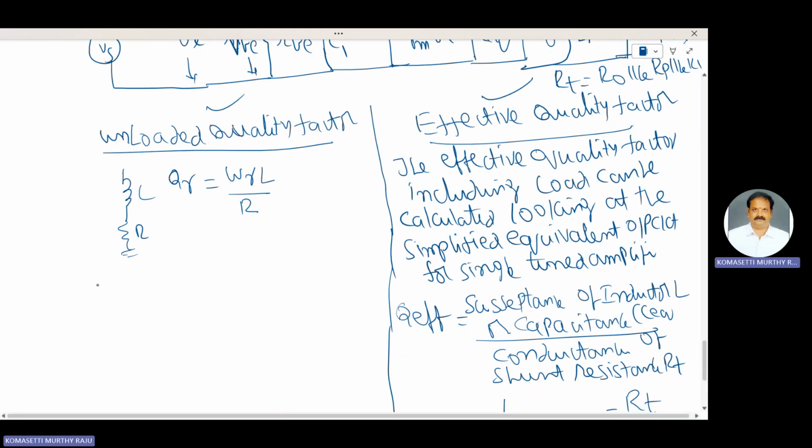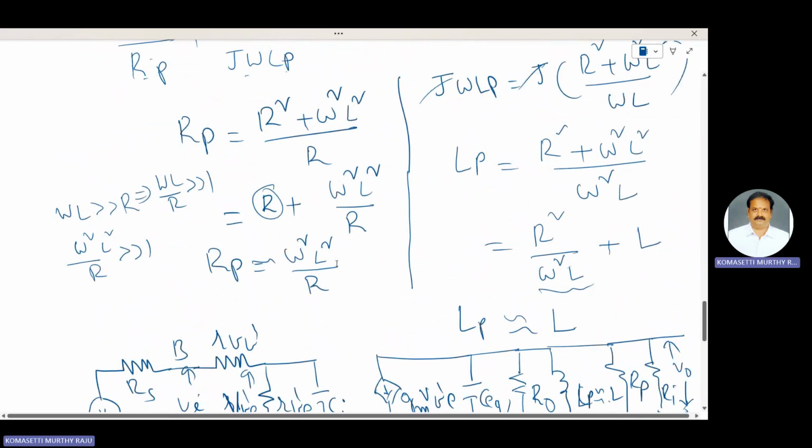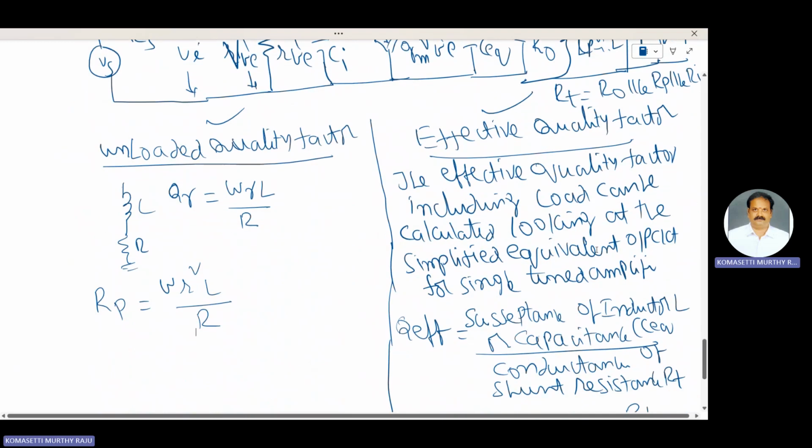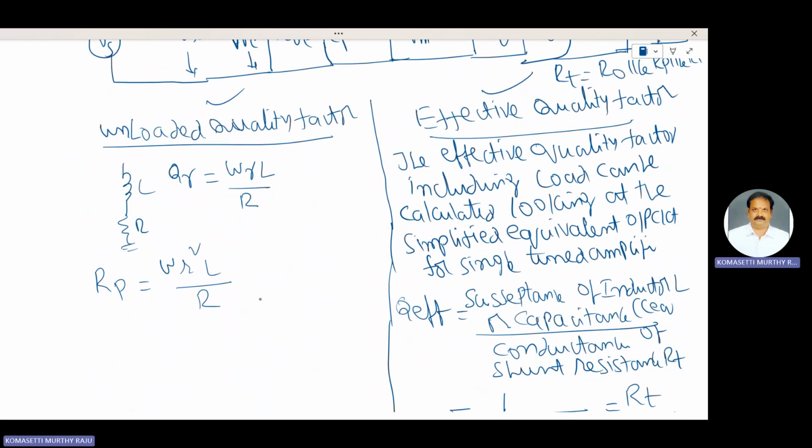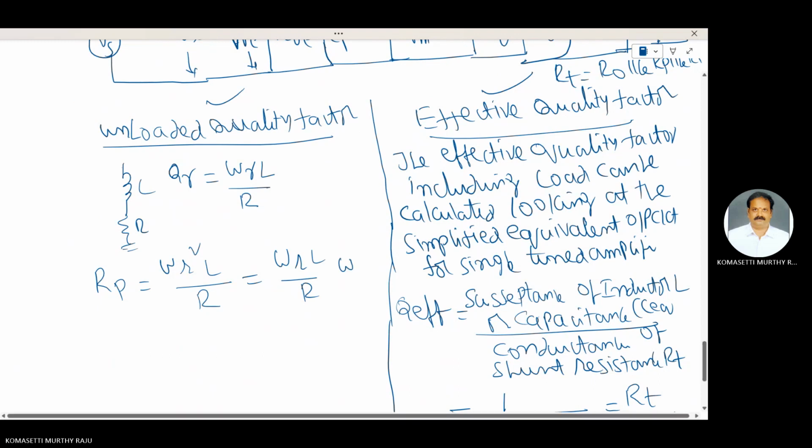We know that generally RP is equal to, consider this unloaded, omega square L square by R. At resonance, omega R square L square by R. That is equal to omega R L by R into omega R L. Omega R L by R is QR, quality factor for unloaded circuit.